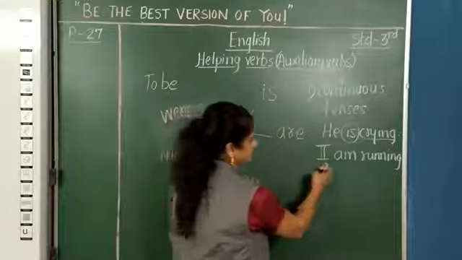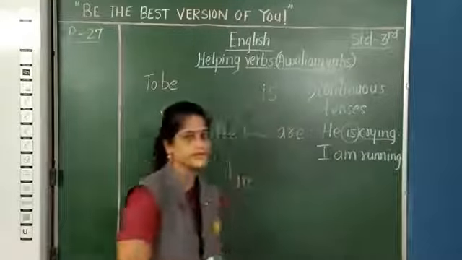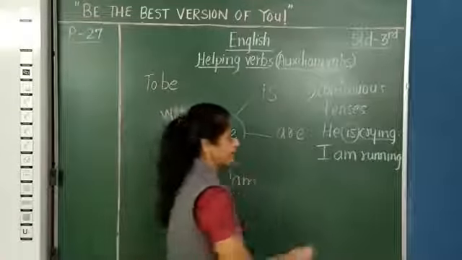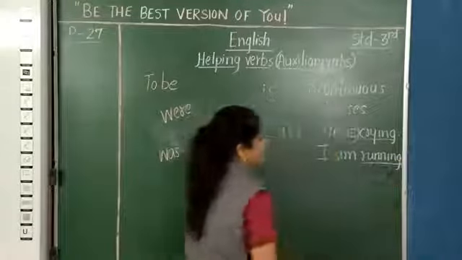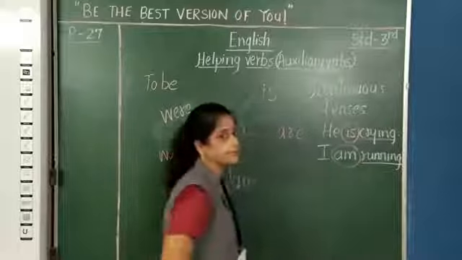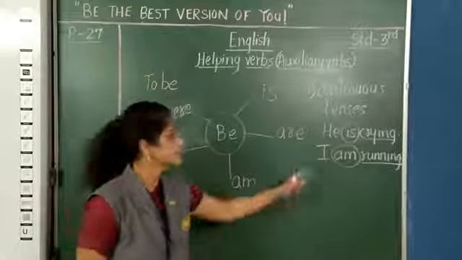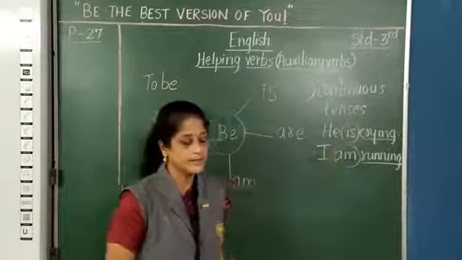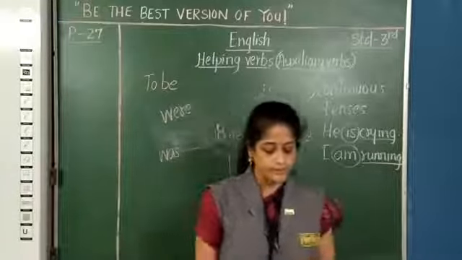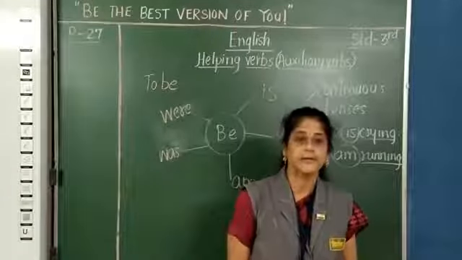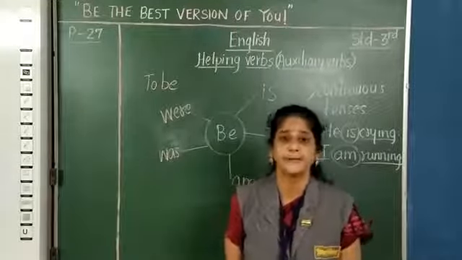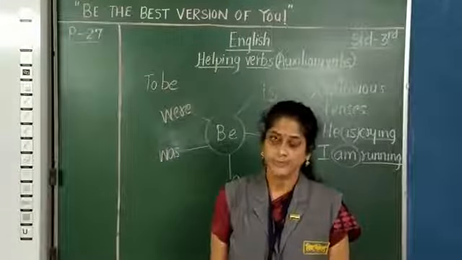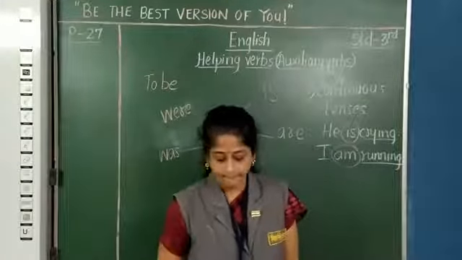In the second example, I am running, again the main verb is running. The action done here is running. And who is supporting the main verb here? Am. This way they support the main verbs, and that's why they act as a helping verb there.